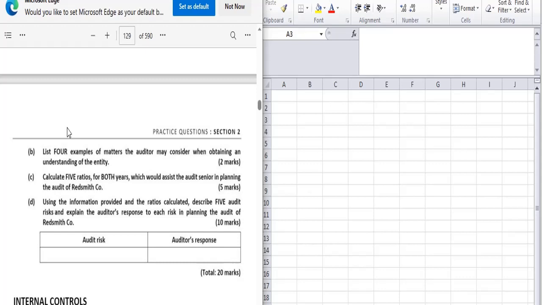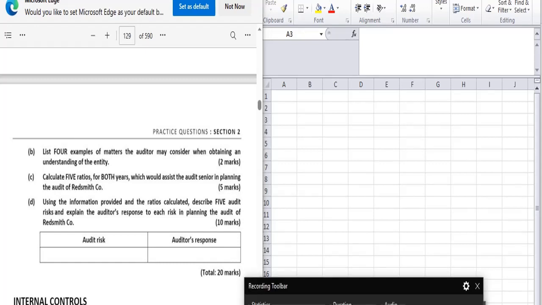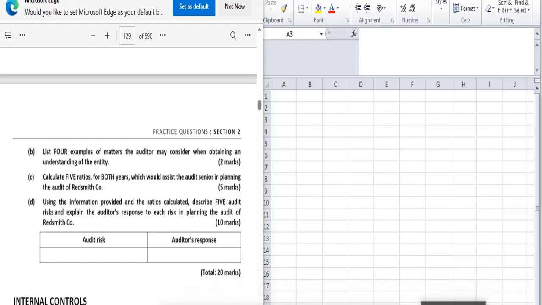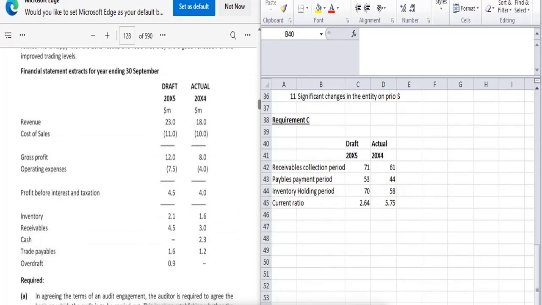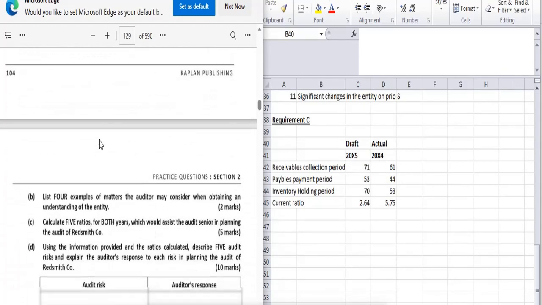Next, calculate 5 ratios for both years which would assist the audit senior in planning the audit of Redsmith company. So let me do this. I have calculated the ratios required.